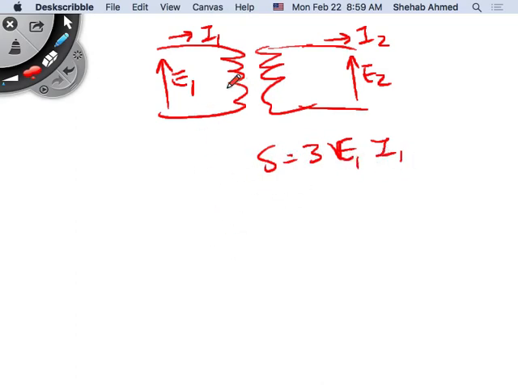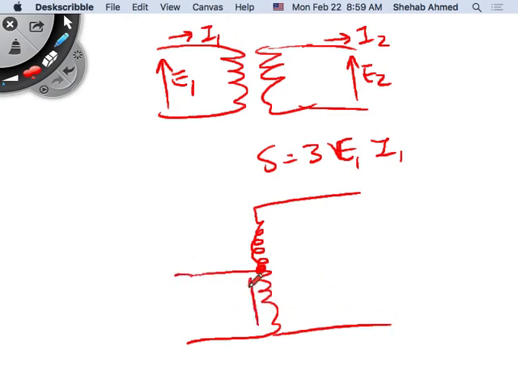Now I take this and connect it in an autotransformer configuration. Then I do this, and I connect the transformer this way. This is still E1. This is still E2. This is still I2, some current on the low voltage side.